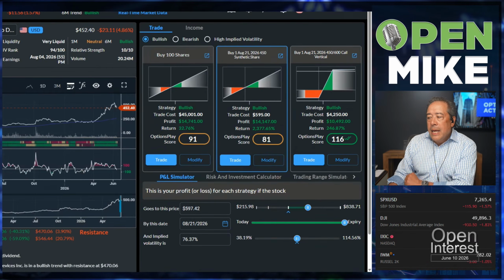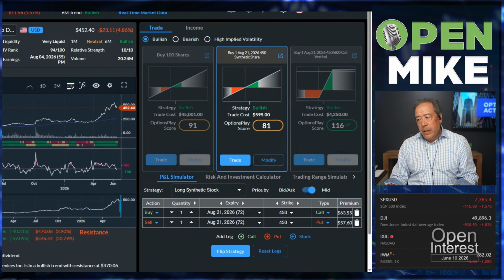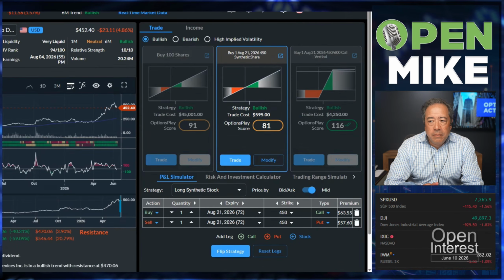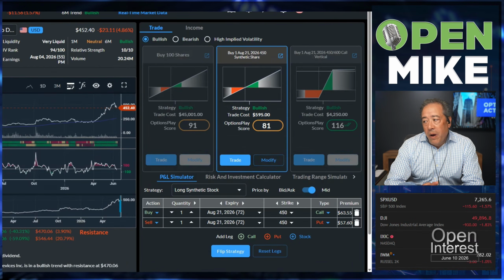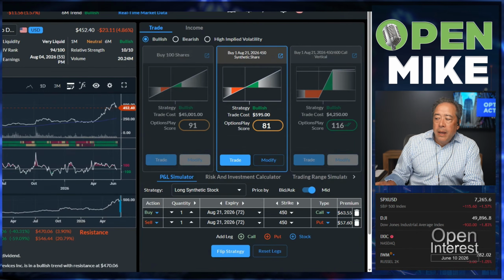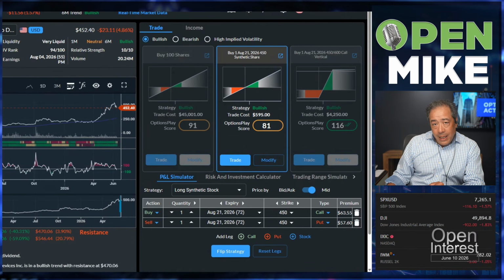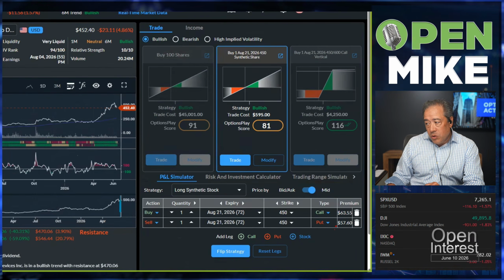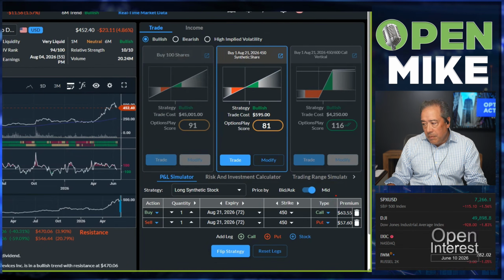Now here's the thing. Does it matter that I chose the 450 strike versus the 400s or the 500s? And the answer is no, not really. So it will have a small impact on the amount of premium spent or collected, because if you look at this trade right now, I don't know if you can make this out, but I'm going to highlight this premium section over here.